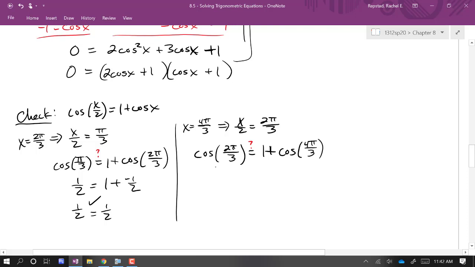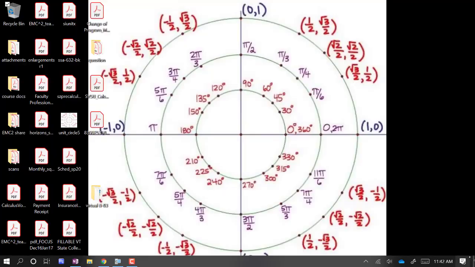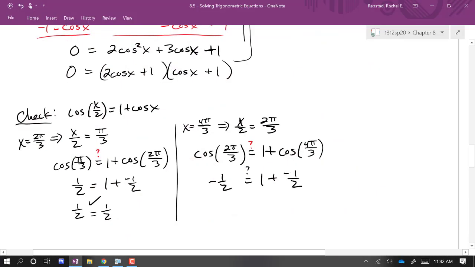Well, cosine of 2 pi over 3 is negative 1/2. We want to know, is this equal to 1 plus, let's see, cosine of 4 pi over 3, which is negative 1/2. And as it turns out, that's not the case, because negative 1/2 is not equal to 1/2.